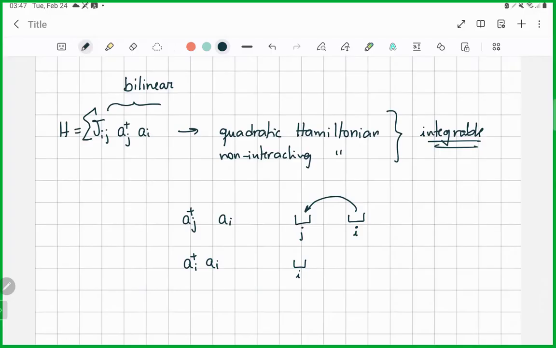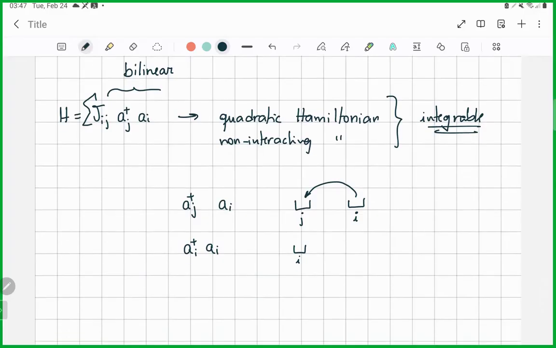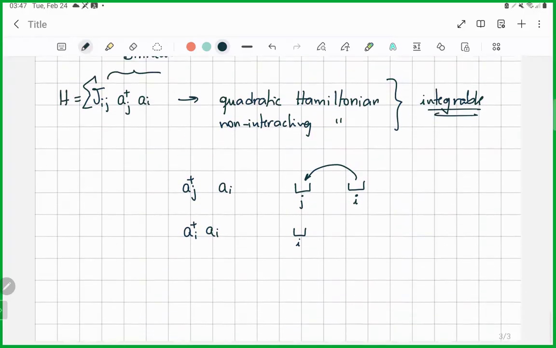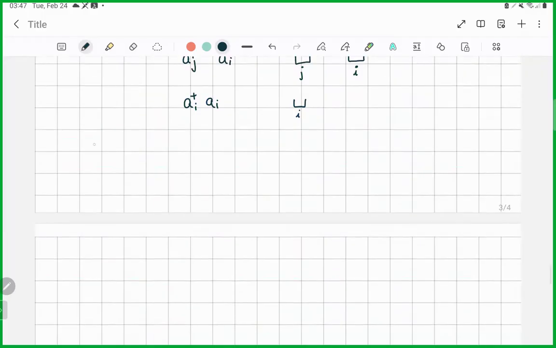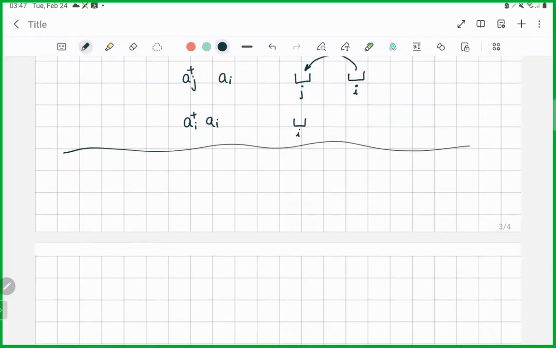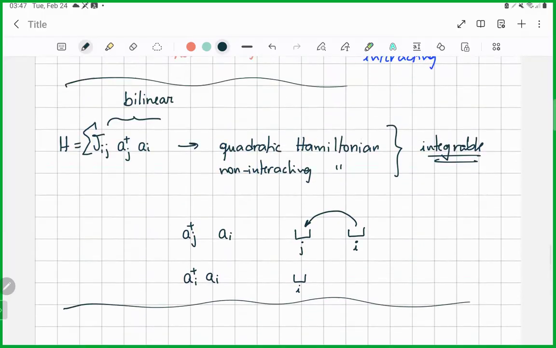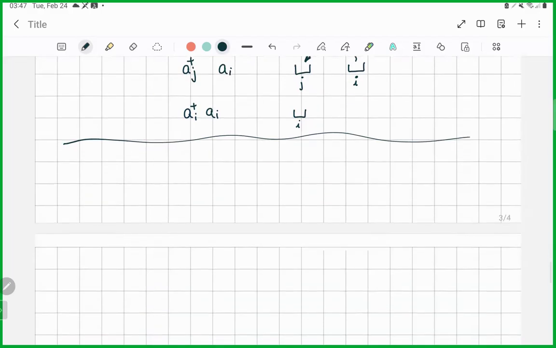These are Hamiltonians that can be easily diagonalized. So these are integrable systems. It's very different from terms of this kind, which are quartic terms.